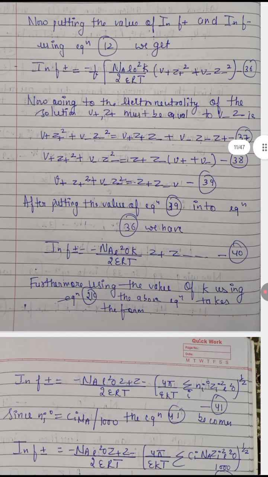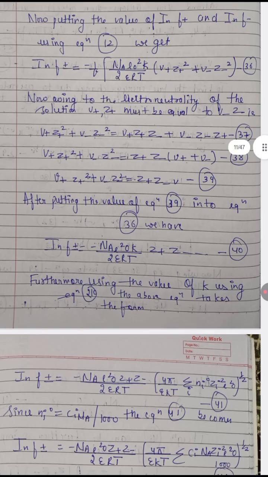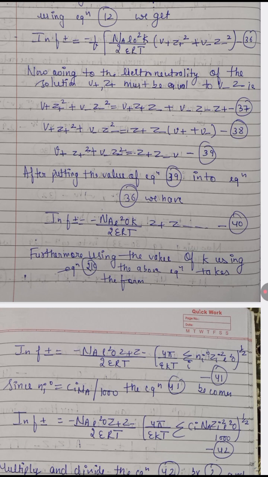Now putting the values of ln f plus and ln f minus using equation 12, we get ln f plus-minus equals minus 1/nu times (N_A e naught squared kappa)/(2 epsilon R T) times (nu plus z plus squared plus nu minus z minus squared), equation 36.